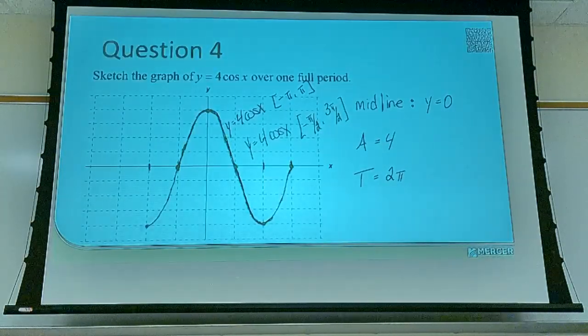So it doesn't matter. In my opinion, the green one kind of shows off more, makes it actually look like a wave. But you're not incorrect if you do minus pi to pi, or 0 to 2 pi even, if you want to do that.